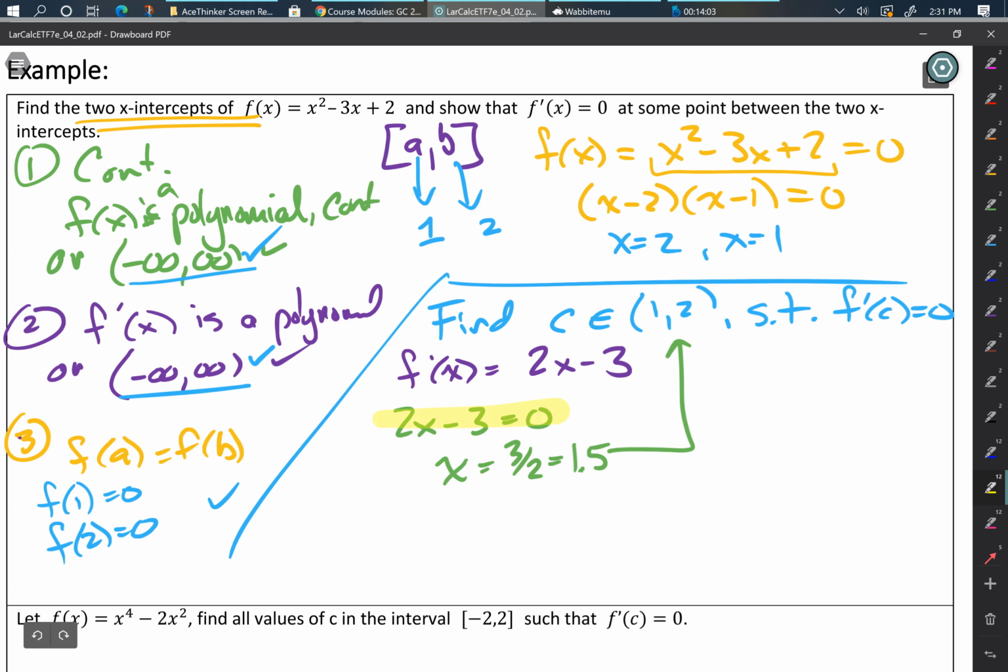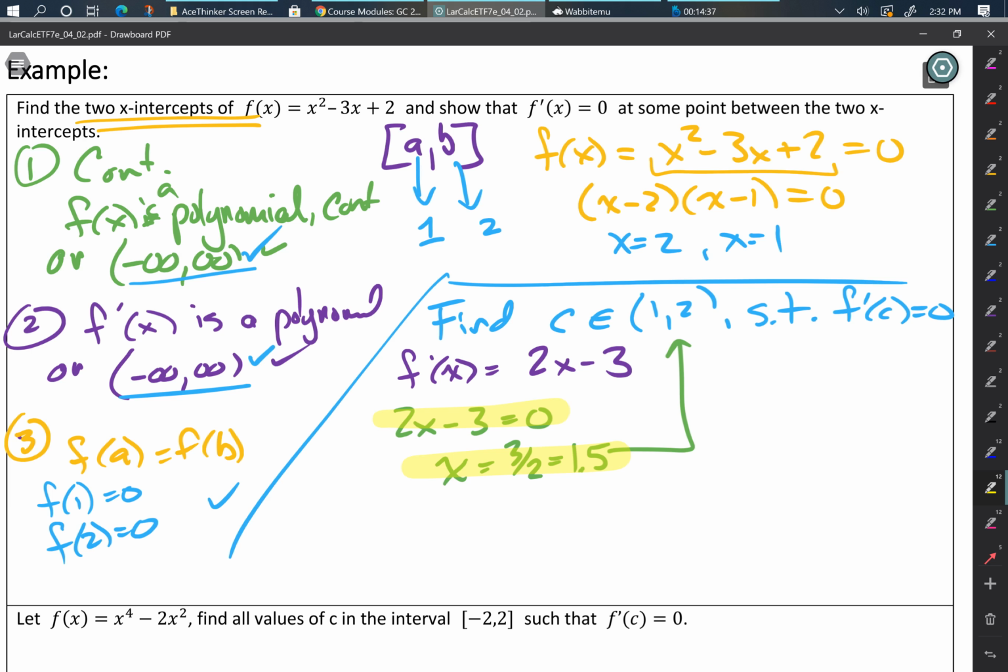Now, here's something to keep in mind. When I do this algebra, is it possible, maybe not for this one but for some other function, that I might find several answers? Not just one value where it's equal to 0, but several values? Then I'm going to have to make sure that I don't make the mistake of including in my final answer values that don't really work. The only numbers that I should be getting are numbers, in this case, between 1 and 2.